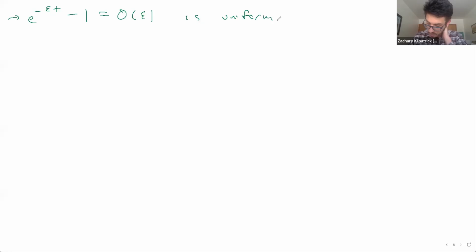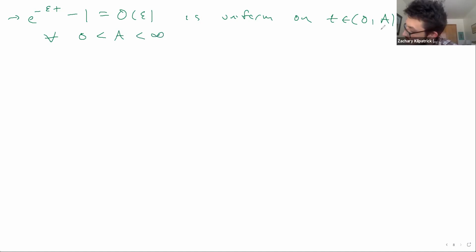So in this case, e to the minus epsilon t, minus 1, equals big O of epsilon, okay? This is going to be uniform on t in some bounded region 0 to a, basically for any a less than infinity. Okay.